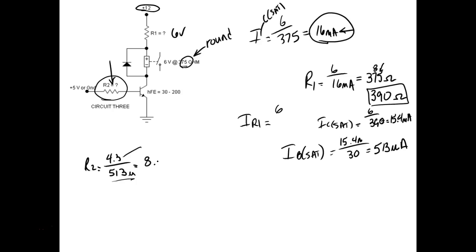So what we got here? Okay. Everybody okay there? And then we're going to round this guy here down because this is the one that assures saturation. So what are we going to use there? Okay, 7.5.